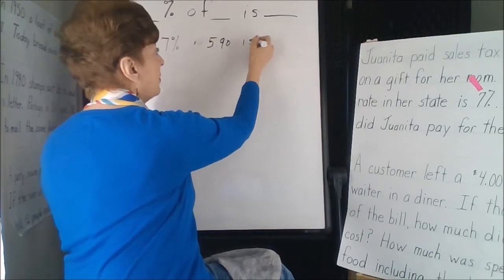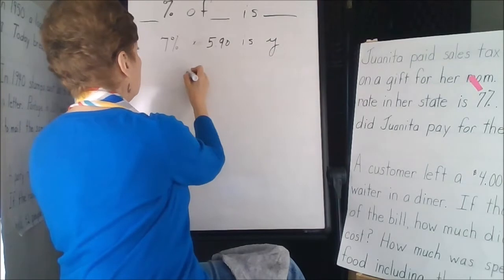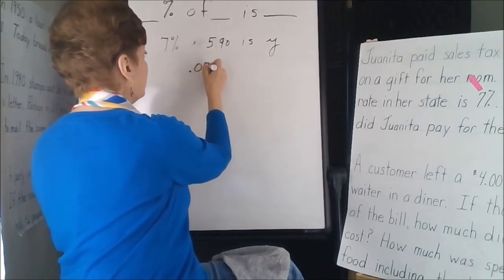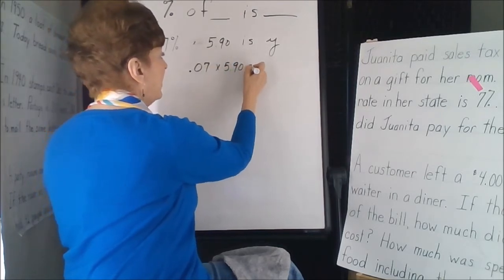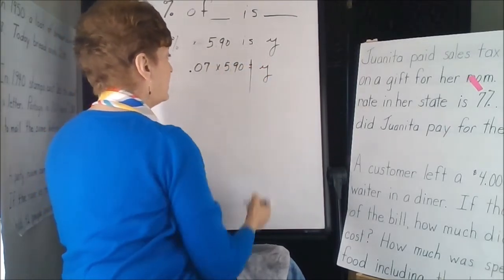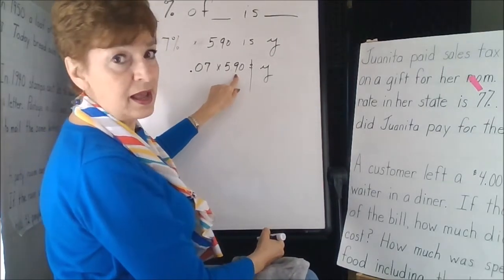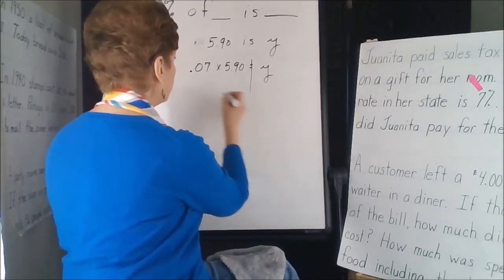And let's say we don't know the is number at this point. Okay, so 7%, I'll change it into a decimal this time, times $5.90 is equal to y. This time, we have our two numbers on the same side of the equation. So we can just simply multiply these numbers.